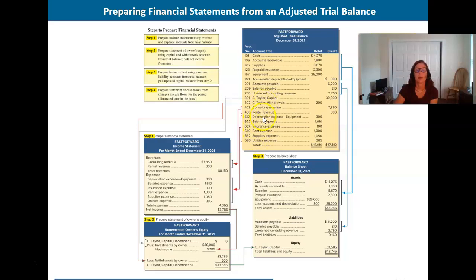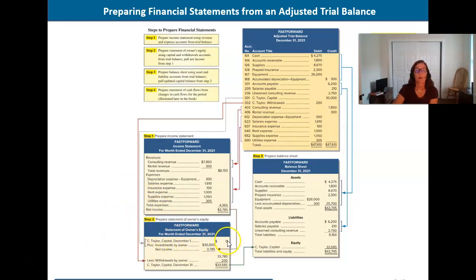And we're just going to pull those right over onto our income statement, and then get our net income at the end of $3,785. We're going to need that net income figure when we move next onto our statement of owner's equity.